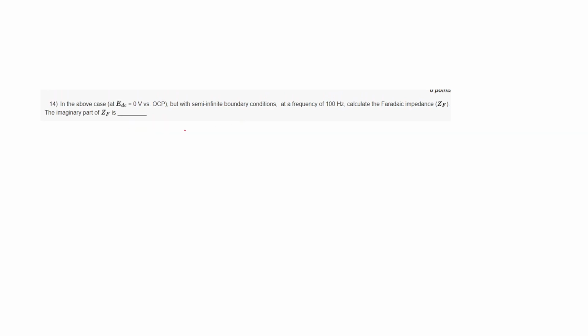And for the imaginary part, I got 0. So these are the values which I got for this question.